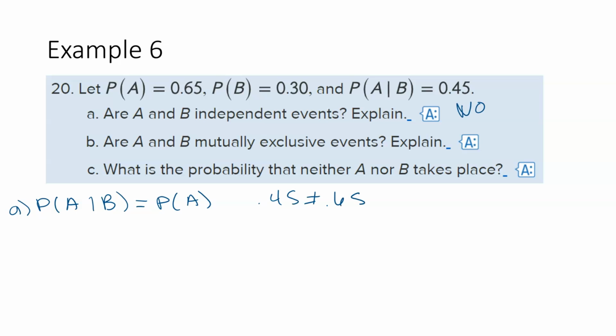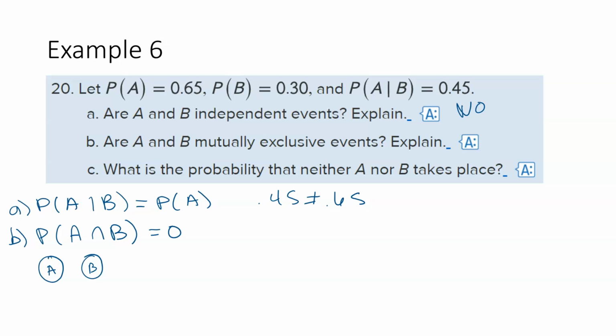Are they mutually exclusive? If two events are mutually exclusive, that means that their intersection is 0. Remember, mutually exclusive A and B, they're completely separate. There's no overlap, so their intersection would be 0. So are these 0?